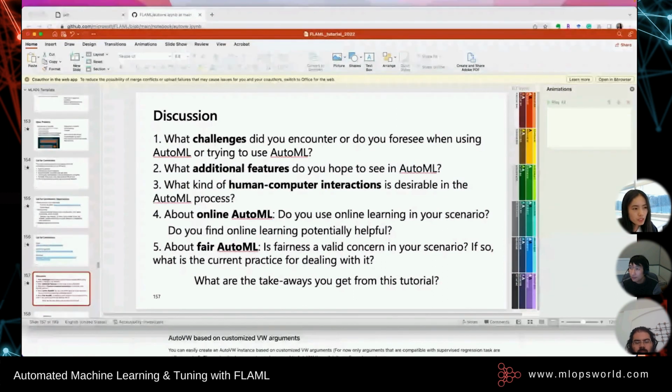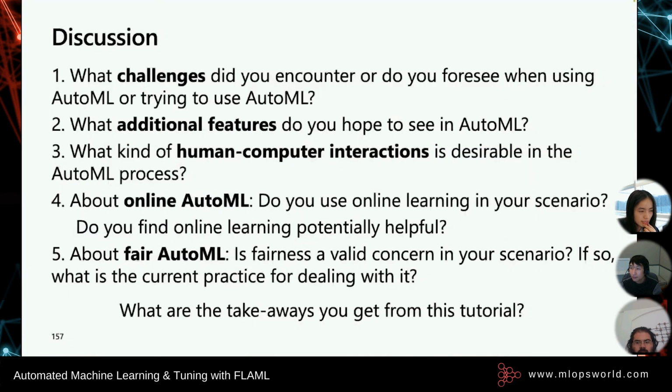So the first question we would like to discuss is, what challenges did you encounter or do you foresee when using AutoML or trying to use AutoML? For example, if you are not using AutoML or auto-tuning, what are the barriers that hinder you from using it? And the second question is, what additional features do you hope to see in AutoML?